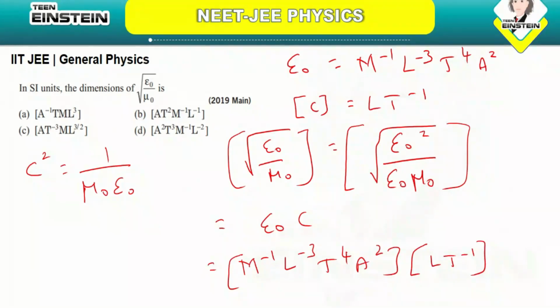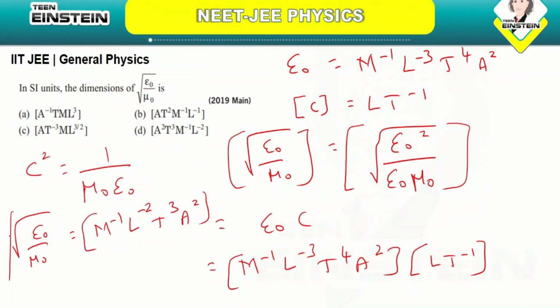So, when you solve this, you will be getting the dimensions for root of epsilon naught by mu naught as M power minus 1, L power minus 2, T power 3 and A square. Okay, so the correct answer is option number D.